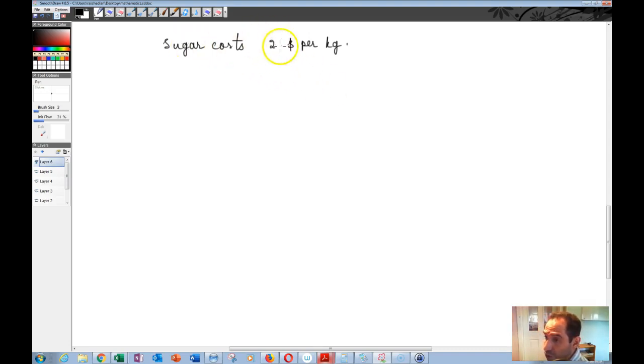I would use pounds here, but I'm not very familiar with them, so I usually don't use them unless I were doing some physics or chemistry problem. Otherwise, I'm more familiar with kilograms.